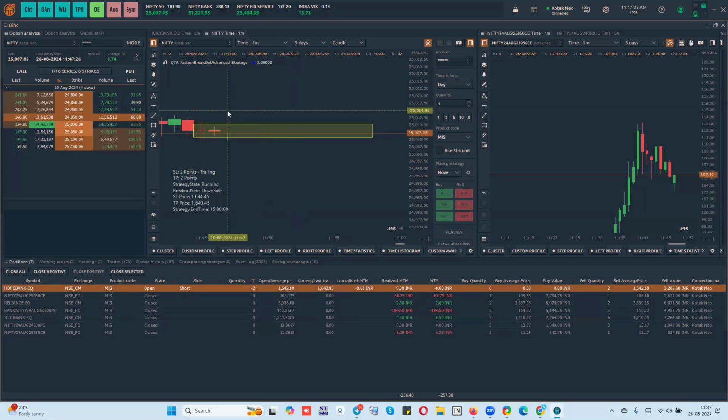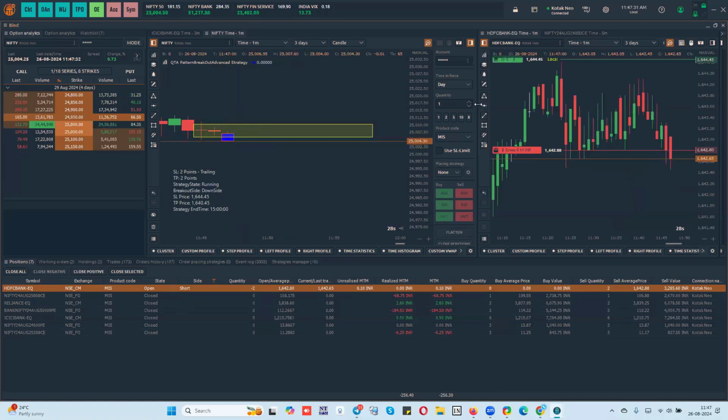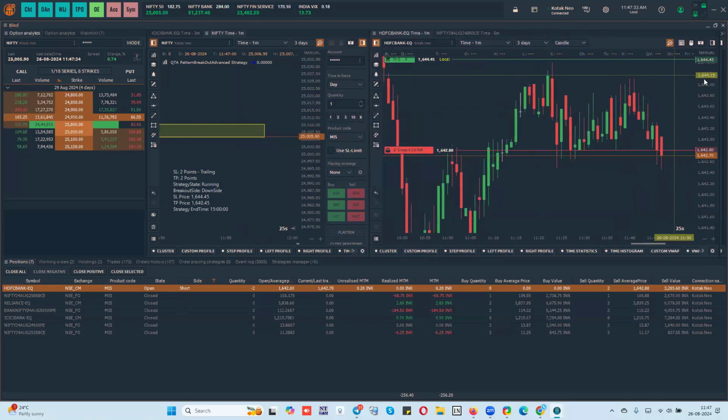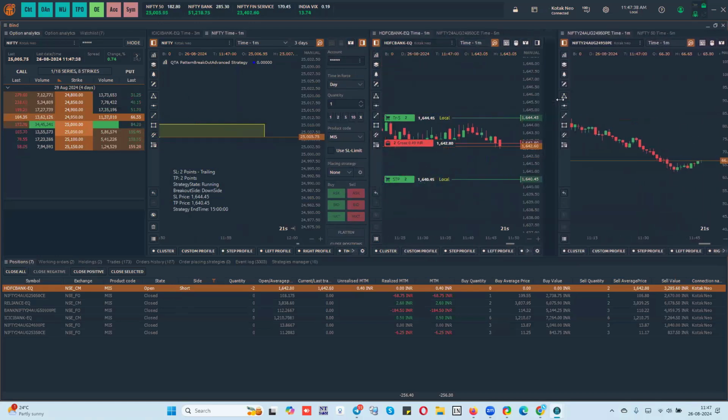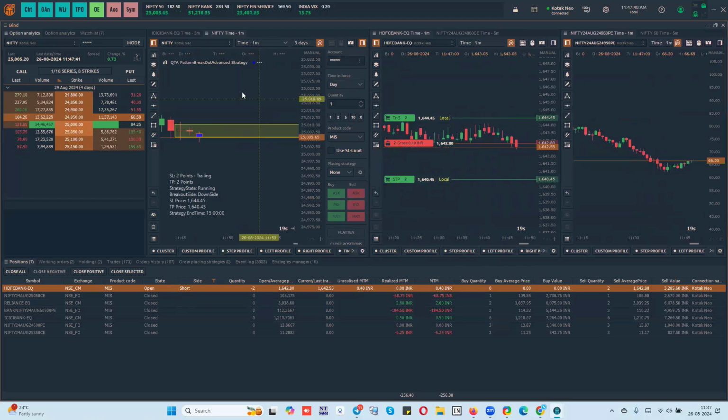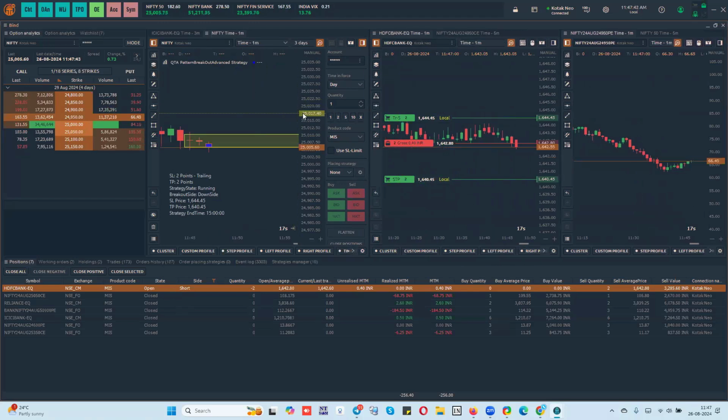And if the market breaks the upside, it will buy two shares of Reliance. Now, if you go to the HDFC Bank, you will see your stop loss and take profit working here. So let's see what happens on the upside. If the market breaks the upside of this range, then we will focus on Reliance trade as well.